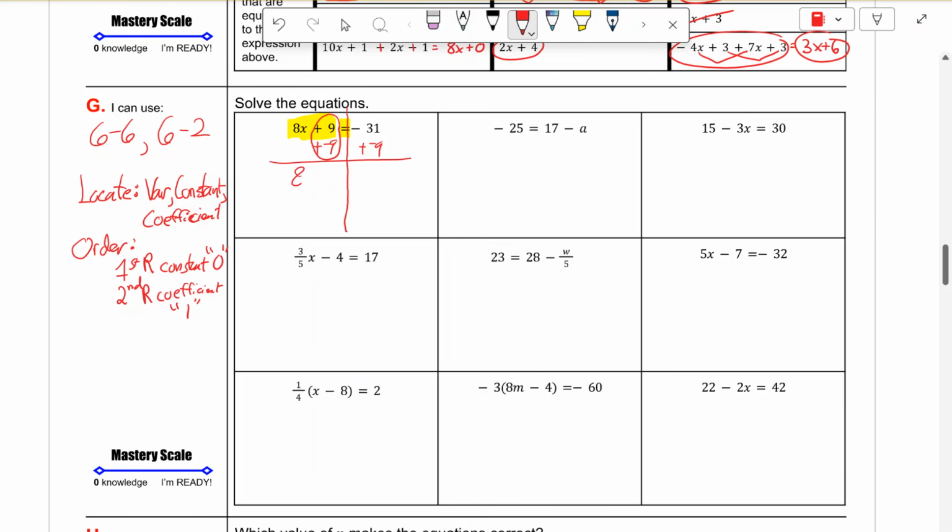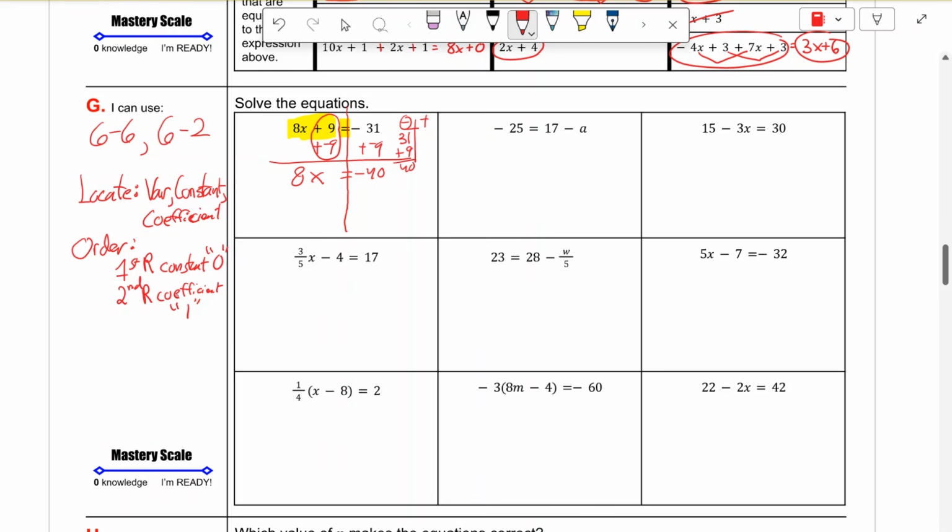All right, so 8x comes down, the equal sign comes down, and negative 31 plus negative 9, they're both negatives, so use your t-charts, they both go on the negative side. Add them together, and you get 40 negatives, so negative 40. Then we're going to do the second thing, remove the coefficient. 8 is the coefficient.